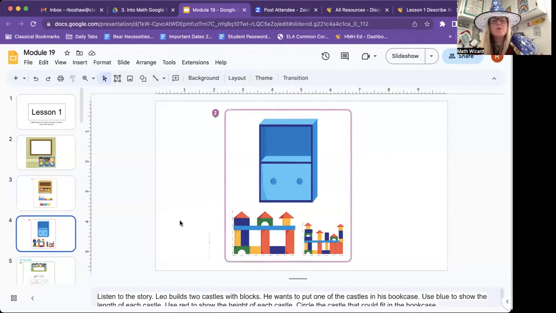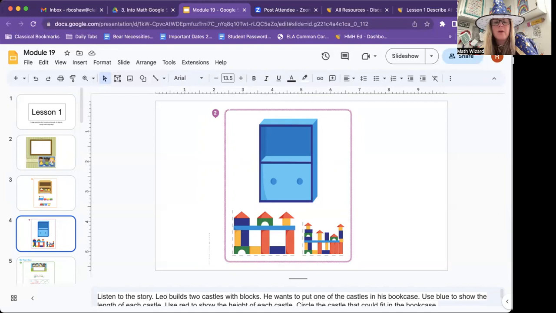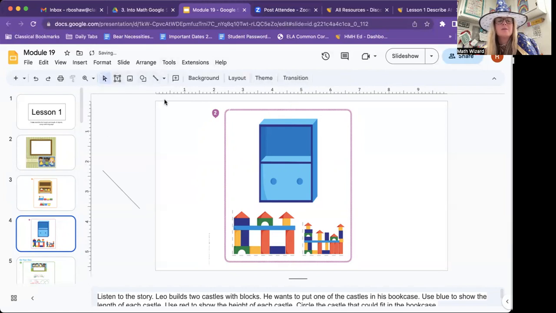Okay, so you're going to use blue to show the length. So maybe you need to pause this and go get yourself a blue crayon and a red crayon, or a blue pen and a red pen. Okay, I'm going to draw a line.